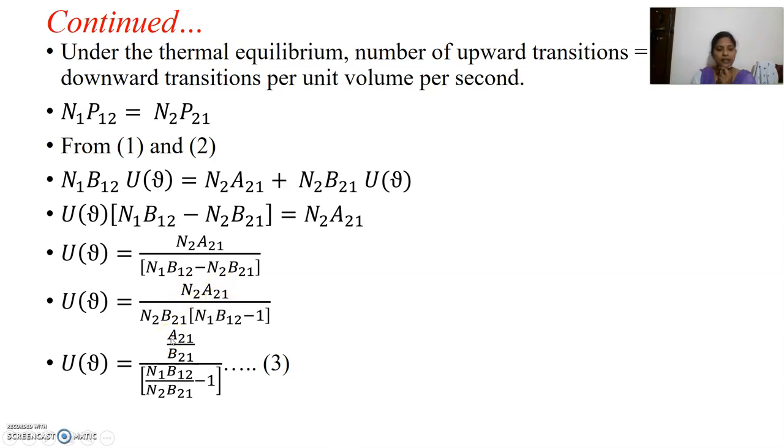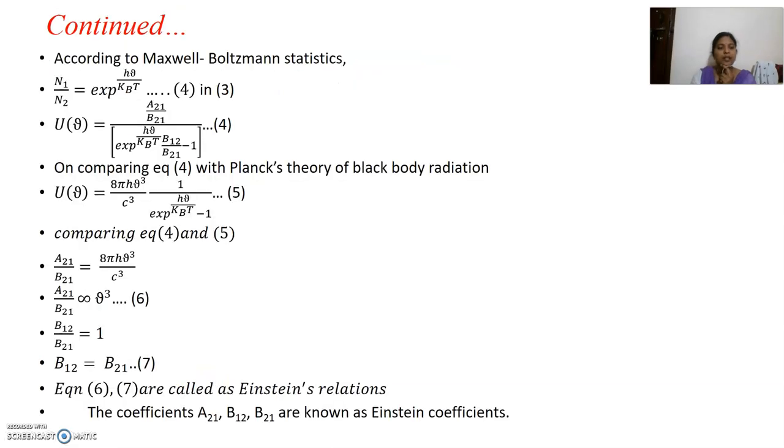By modifying, you will get A21 by B21 in the numerator and, in the denominator, N1 by N2 into B1 to 2 by B21 minus 1. Now according to Maxwell-Boltzmann statistics, N1 by N2 is equal to exponential of h nu by k B T. Replace the N1 by N2 value in the denominator with this exponential term. After substituting, we get A21 by B21 divided by exponential of h nu by k B T into B1 to 2 by B21 minus 1.